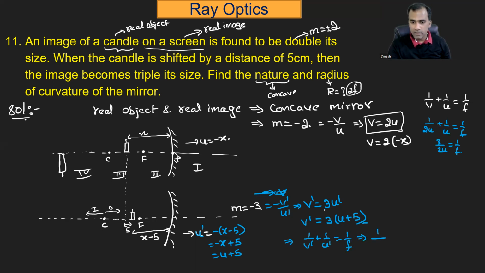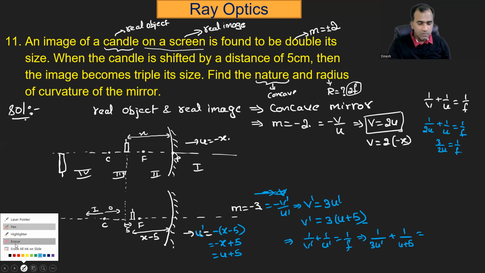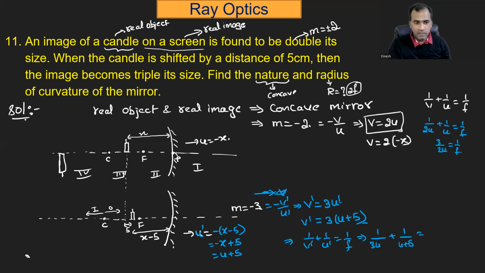So in place of v dash, we can write 1 by 3u dash plus 1 by u dash. What is u dash? u plus 5, right? Equal to 1 by f. Let's write only in terms of u, so that only one variable will be there. It will be easy to solve.